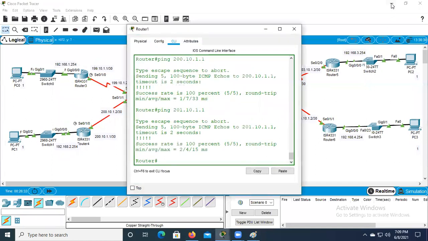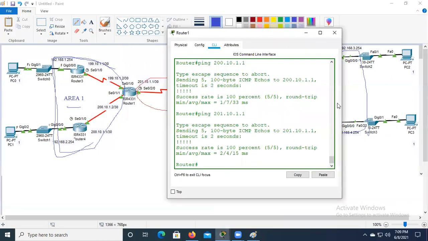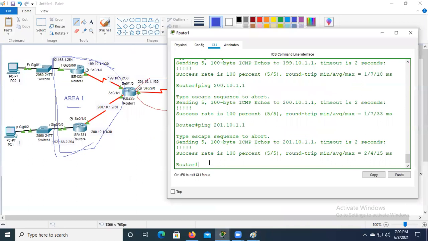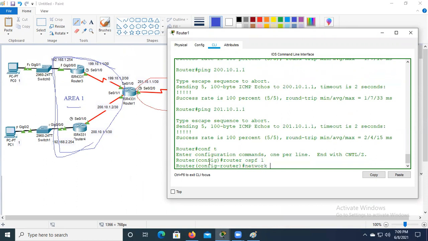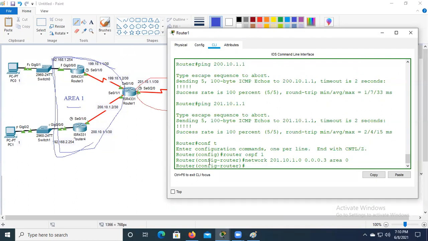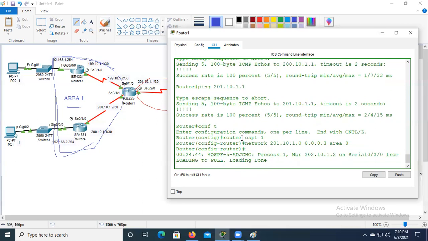Let me see my topology. We have to check the topology and do config t, router ospf 1, network 201.10.1.0 0.0.0.3 area 0. You see it's taking some time, ten seconds minimum, and then it goes into the loading state in OSPF.